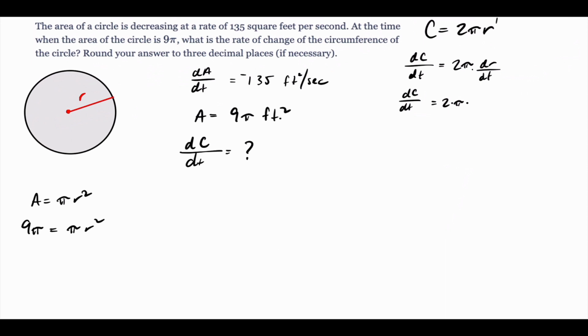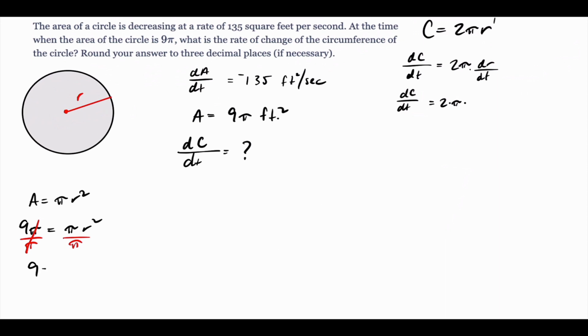I got to solve for r. So get r by itself, divide by pi. 9 equals r squared. So what is r going to be? 3. We don't have to worry about -3 because it's length. So r is 3. Is that going to help us? Are we there yet to find dr dt? No, we're not there.